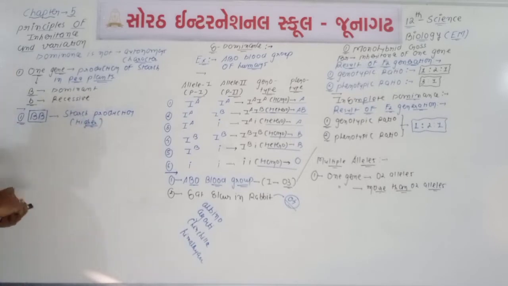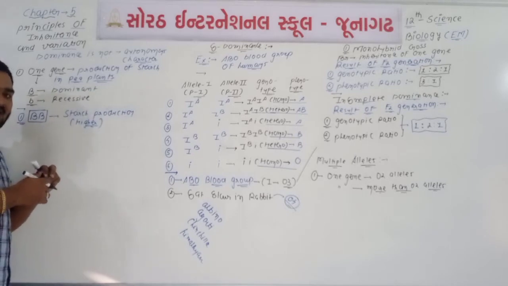Now see, because of maximum starch production, the storage of starch is there, yes or no? If maximum starch will be produced, it means maximum starch must be stored.